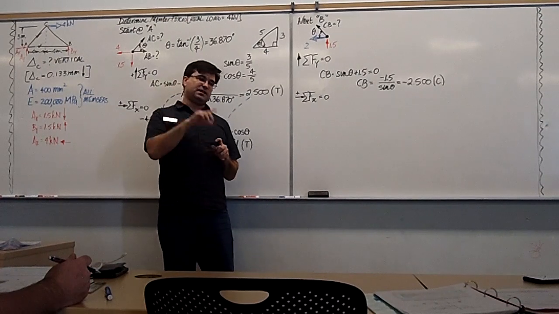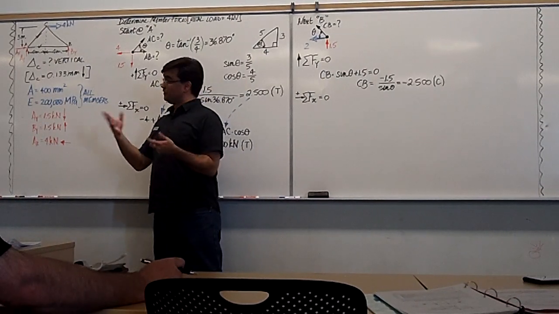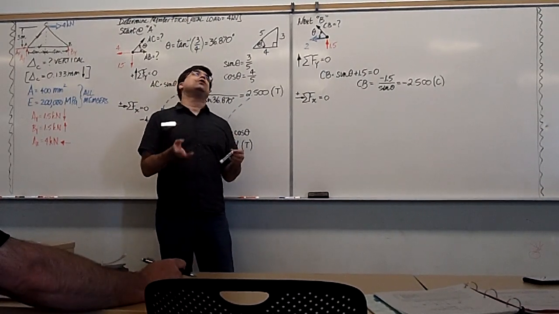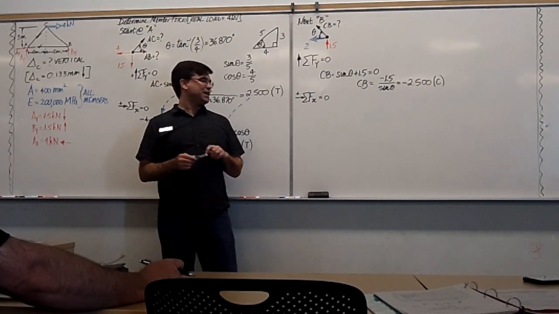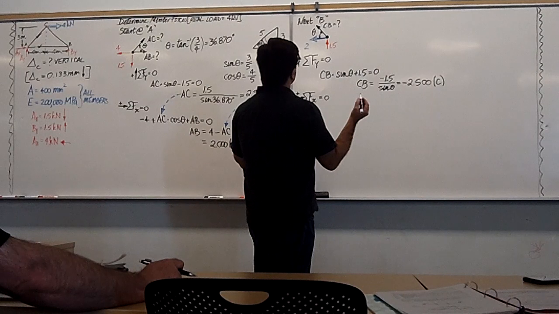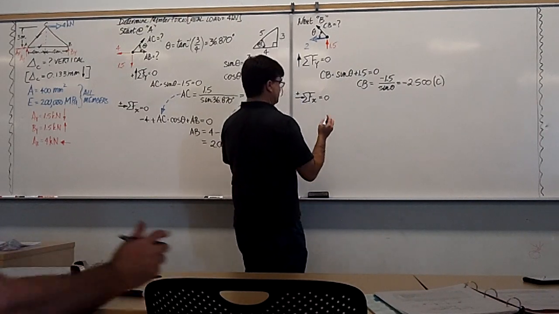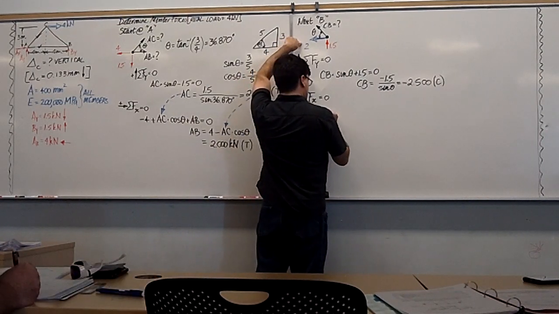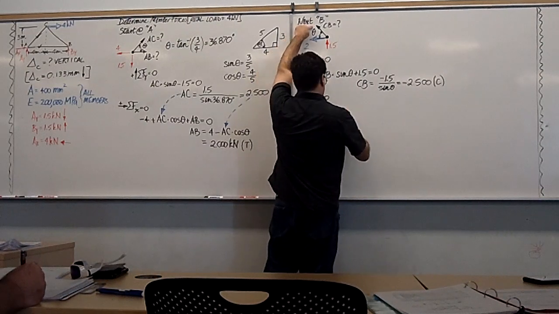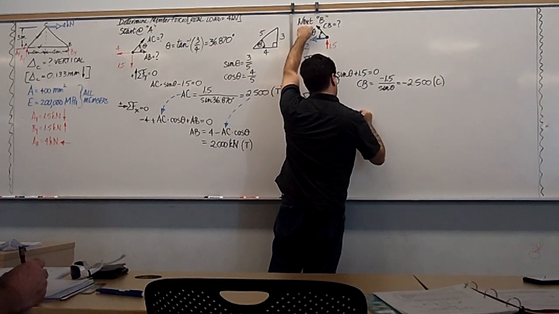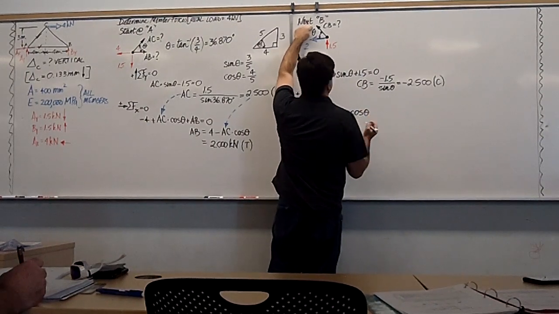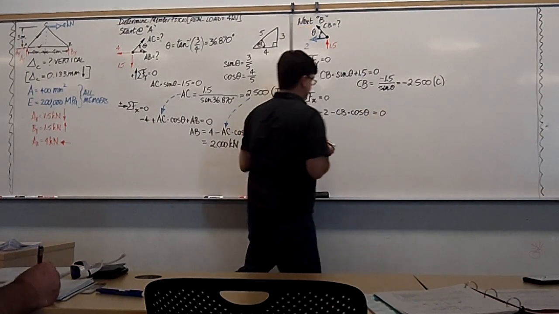And this is a good habit to get into because it goes along with the other habit, which is to always triple check your answers. All right. Sum of the forces in the x direction, I get minus 2 minus CB times cos of that angle equals 0.